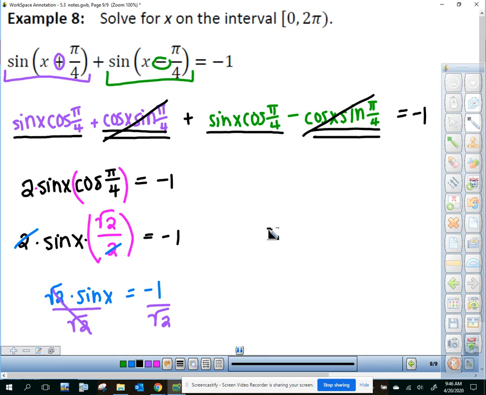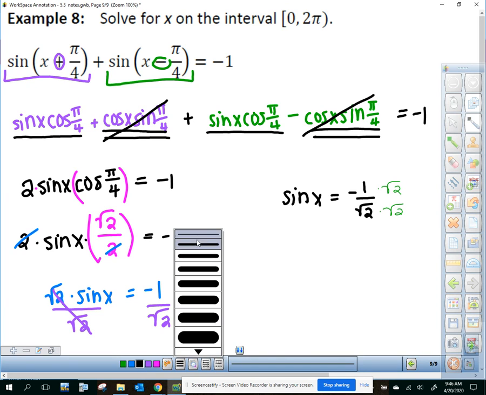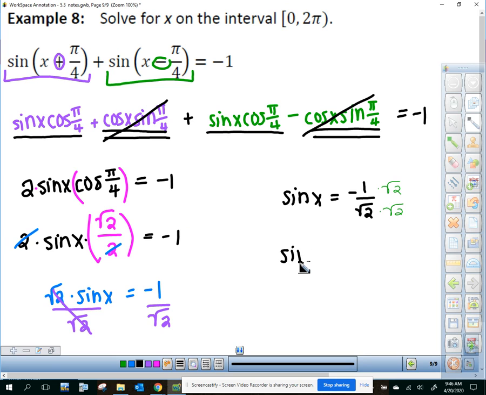So I've got, I'm going to come over here, sine of x equals -1 over root 2. We rationalize, we do not leave radicals in the denominator. So when I multiply by root 2 over 2, that gives me sine of x is negative root 2 over 2.